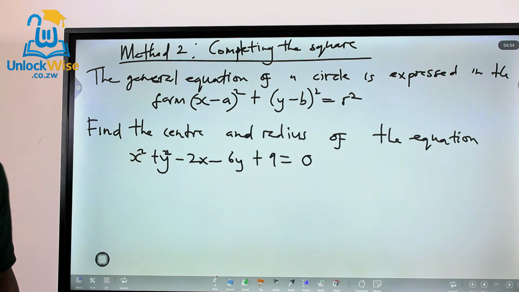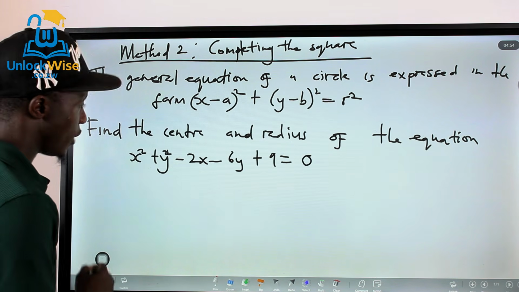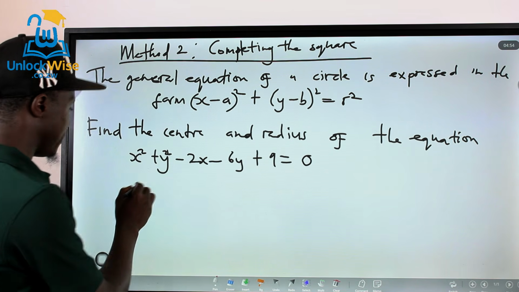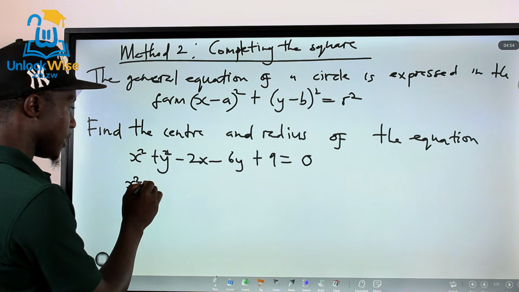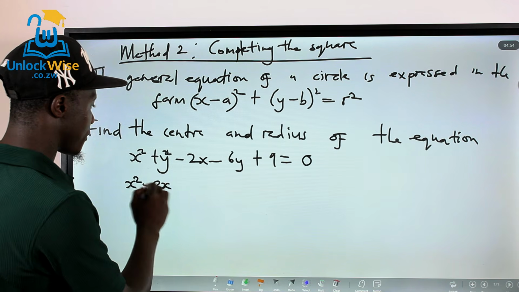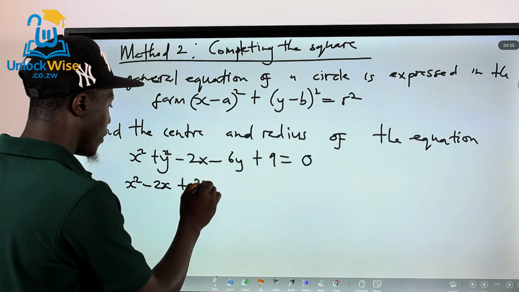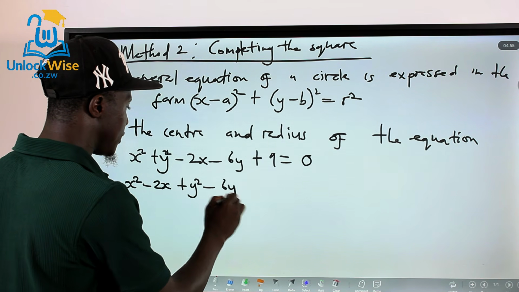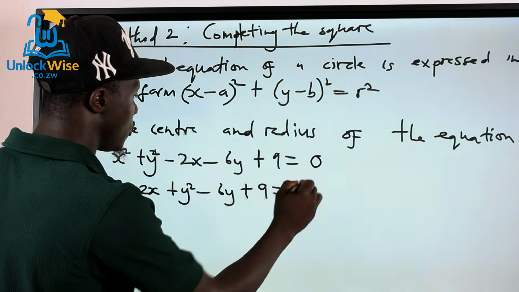Now let's complete the square together. First of all, we need to group the like terms. So we say x squared minus 2x plus y squared minus 6y plus 9 is equal to 0.